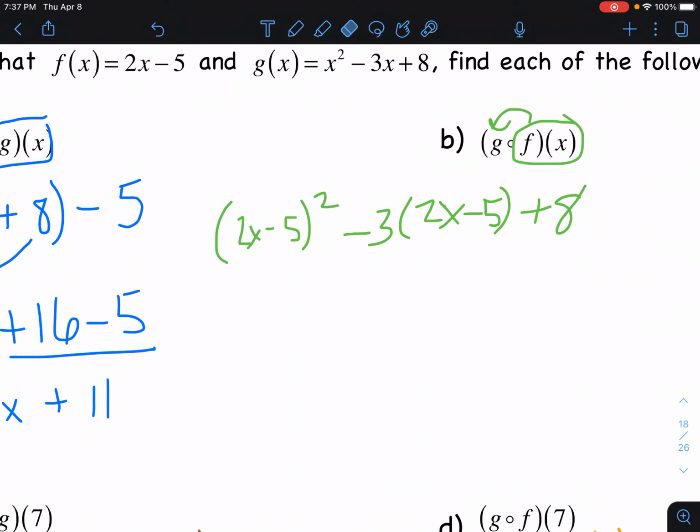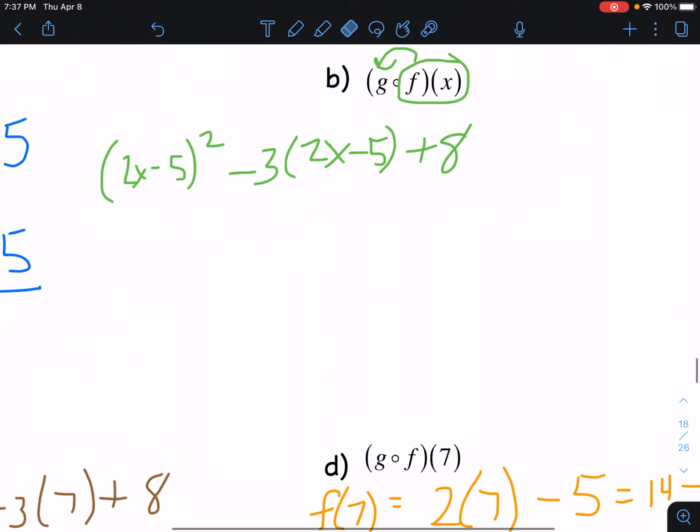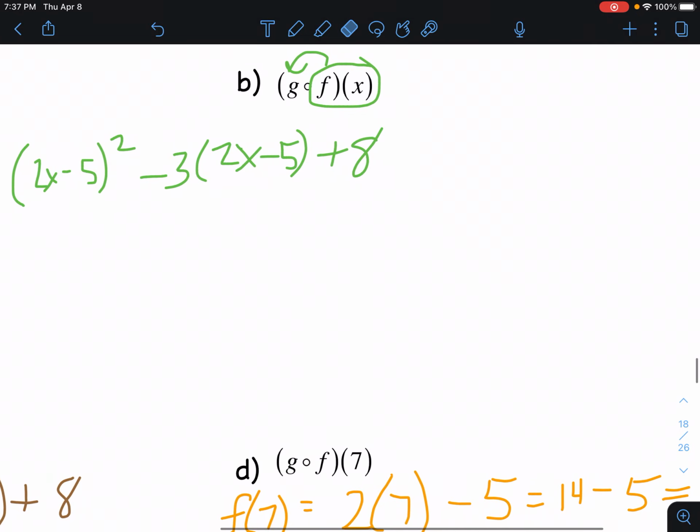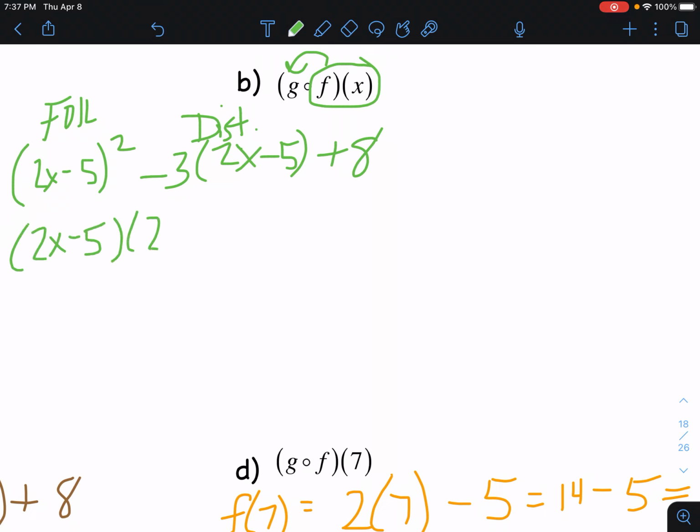And then we got a lot more work to do in this problem. As I said, we got to look to distribute, possibly even FOIL. We actually have to FOIL here. And we're also going to distribute the negative 3 here. We'll do that in the same step. So 2x minus 5 times 2x minus 5.